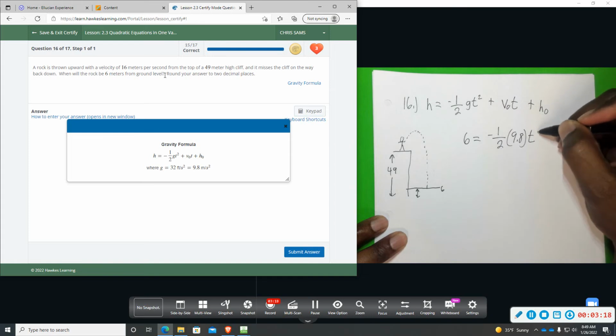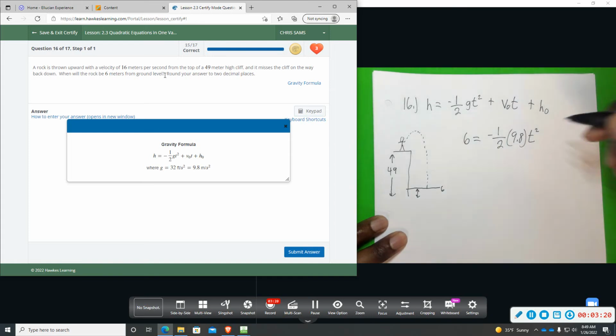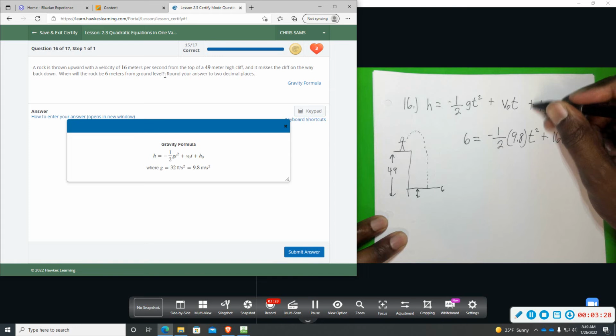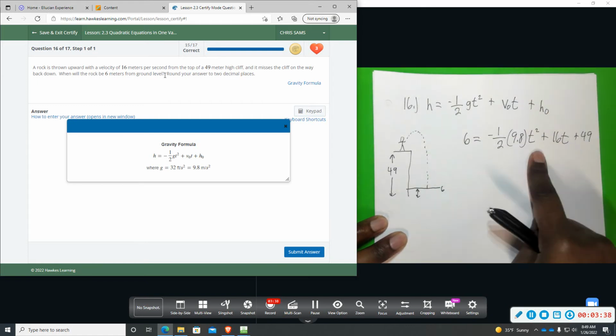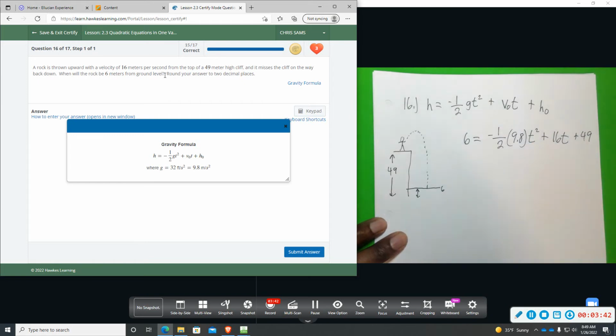T squared is our variable, and then plus our initial velocity, which we were told was 16, times t, and then our original height. He started at a cliff that was 49 meters, so 49. So this is the magic that we need here. You can see it's quadratic, the t squared, t, and then a constant term. So we're going to set this equal to 0, and then we're either going to factor or use the quadratic formula.